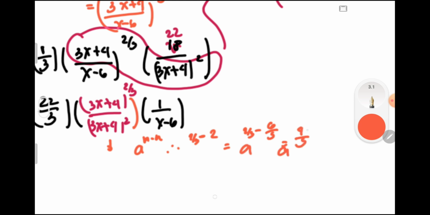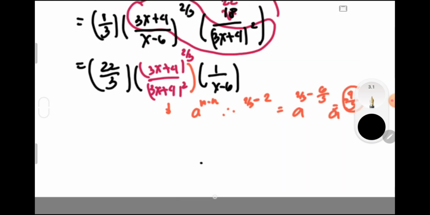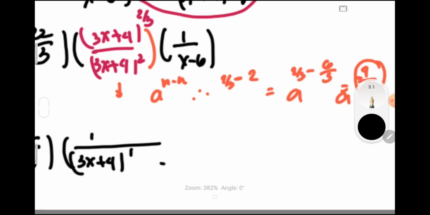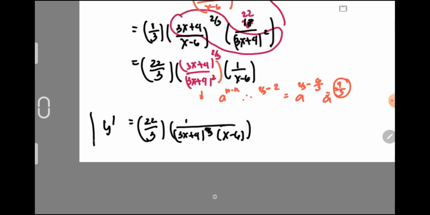But what is this? 4 over 3, of course it's negative. When it's at the top, we bring it down, and it becomes positive. So from this, we'll have a value equal to 22 over 3 multiplied by 1 all over 3x plus 4 raised to 4 over 3 multiplied by x minus 6, which is our final answer, which is equal to our f prime.